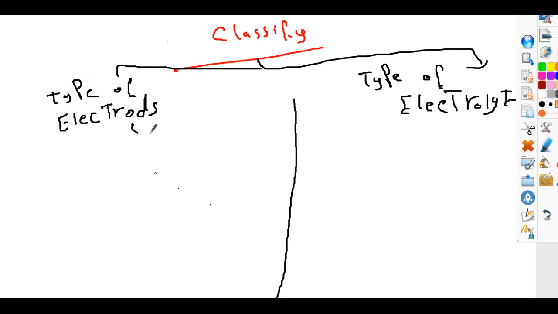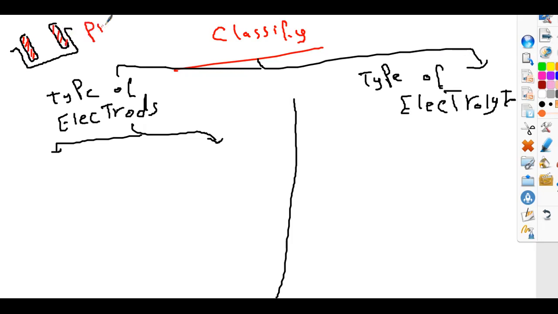The first classification is when the electrolytic cell has two similar electrodes. When I use two similar electrodes, like two graphite electrodes, or made of platinum, whose chemical reactivity is low, we call them inert electrodes.